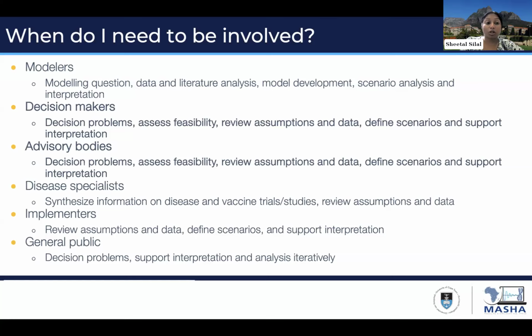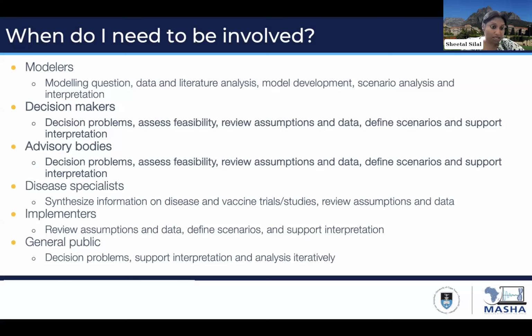So the modeling question will be providing a piece of the evidence towards solving the decision problem that you are faced with as a NITAG, as an advisory body, or as a decision maker.